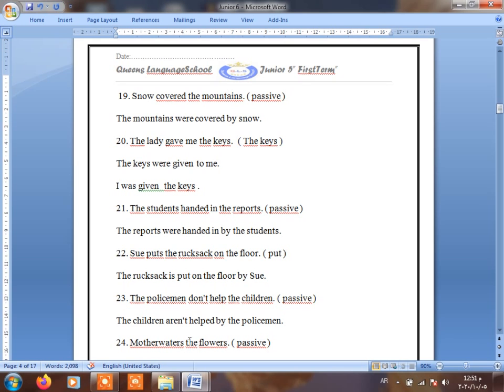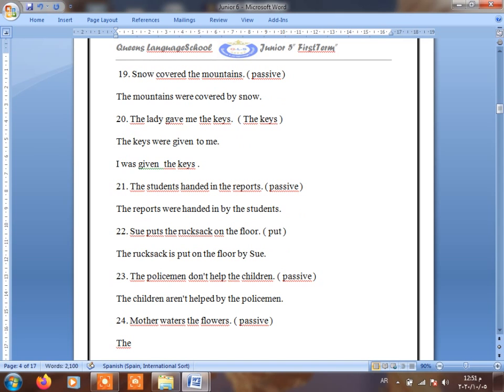Okay, number 24. Mother waters the flowers. So I will start with the flowers. The flowers are watered by mother. Okay, if you don't want to write by mother, it will be also correct.